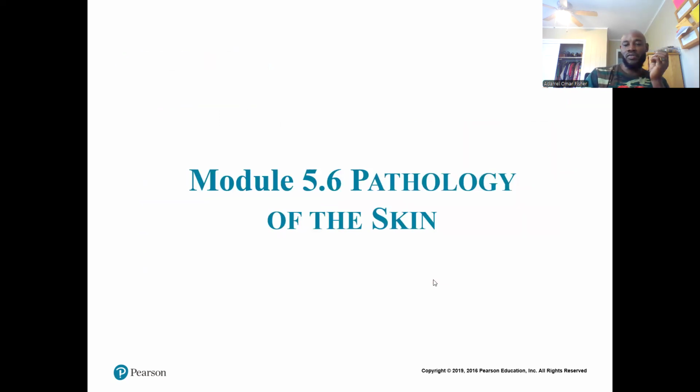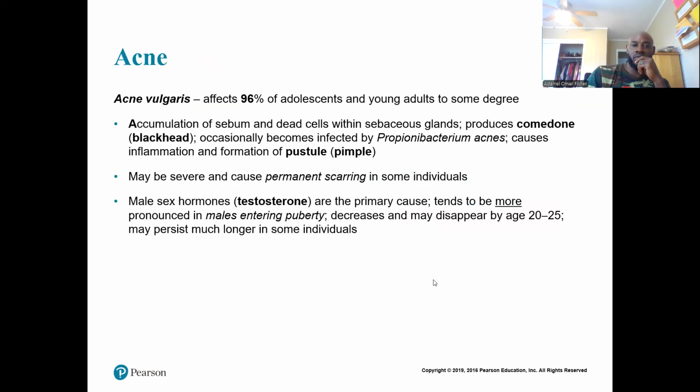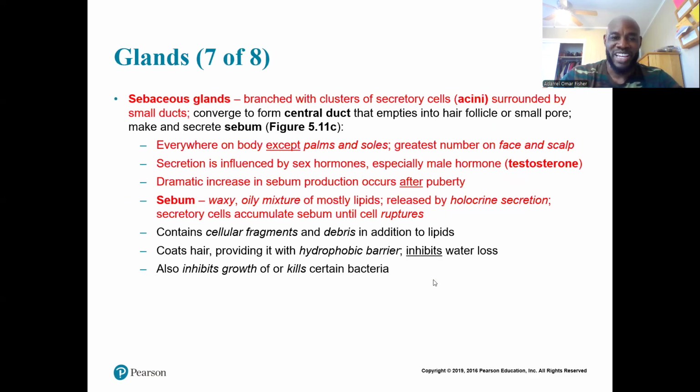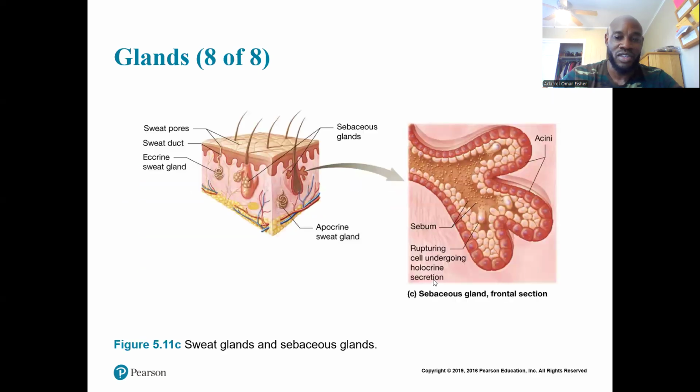Now, lastly, 5.6, we talk about a little bit of pathology of the skin. I'm just going to go through this briefly because most of this is not critical to our learning, but I think it's important to look at. Acne, everybody knows about acne, which is accumulation of sebum from your sebaceous glands, your waxy, oily mixture of mostly lipids.